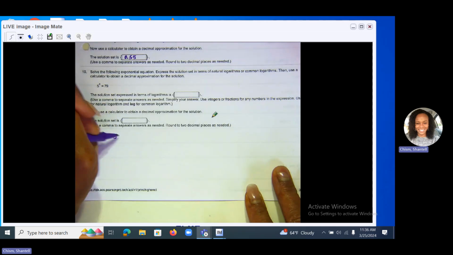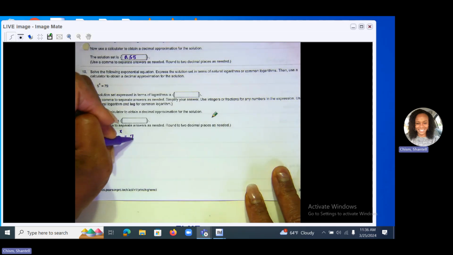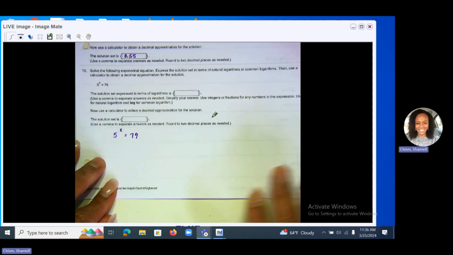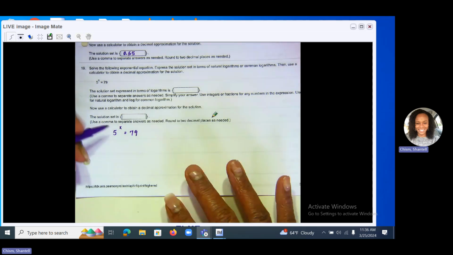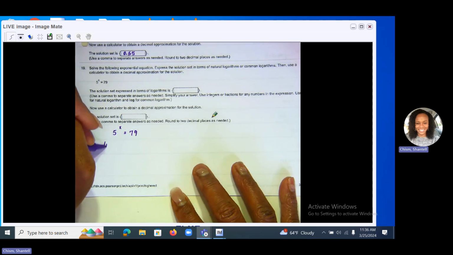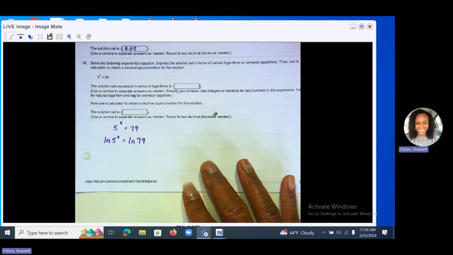So what we have to do is apply either natural logs or common logs to both sides. If this was a 10, I would use common logs, but since it's not a 10, I'm going to use natural logs just because I prefer natural logs unless it's a base 10 exponent.